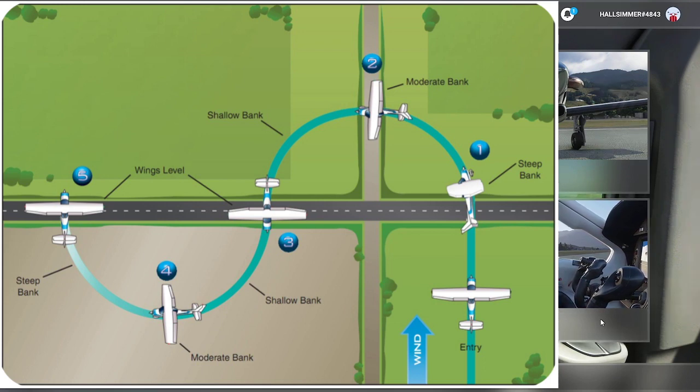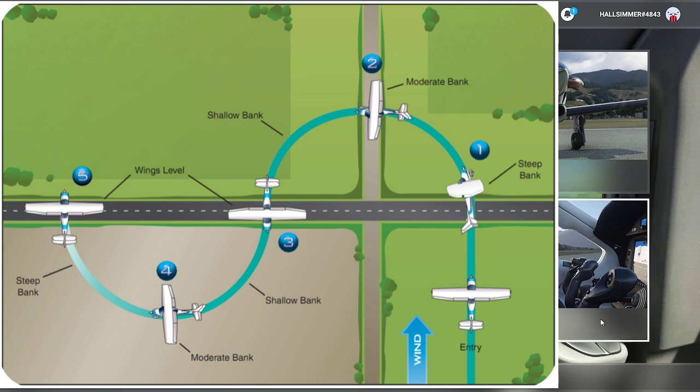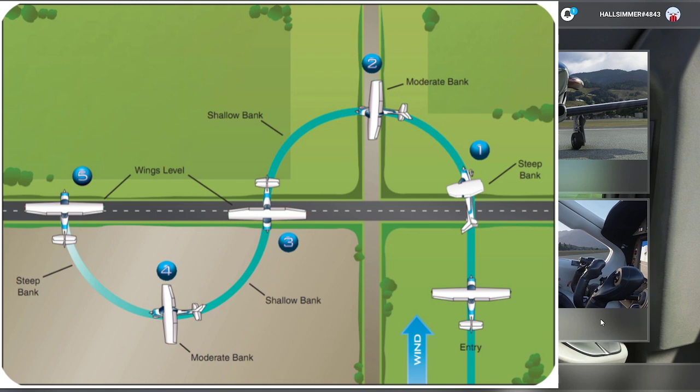So you're going to turn. You're going to start moderating your bank at position 2. And then you're going to start to shallow your bank as you turn into the wind. That makes sense because it's like the half of the circle, right? You start to shallow the bank, wings level, crossing the road at 3. Going to still be in a shallow bank as you cross the road, as you go into the wind.